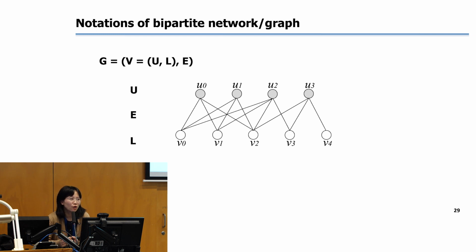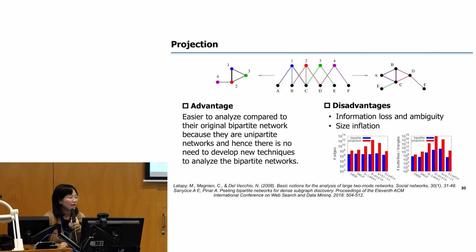So we can convert this unknown problem to a known problem, right? If we can convert this bipartite network to a general graph, a homogeneous graph, then we can solve this problem. This is a very intuitive solution. So the first problem is how can we convert this bipartite network to a homogeneous network.